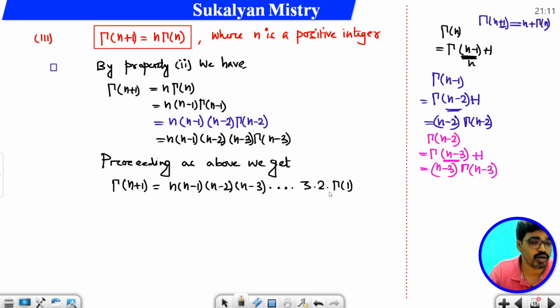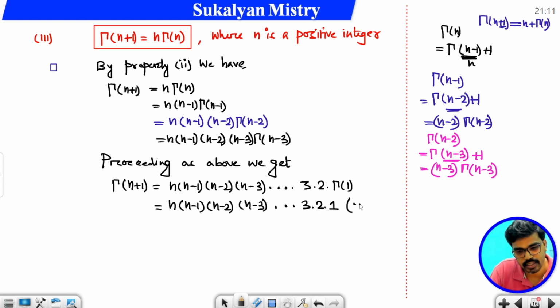Gamma 1 is 1, so this equals n into n minus 1 into n minus 2 into n minus 3 dot dot dot 3 into 2 into gamma 1, that is 1, since gamma 1 is equal to 1.